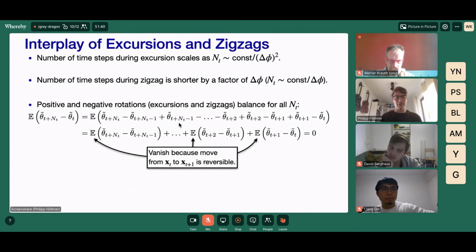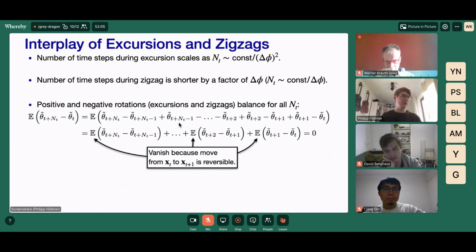This is easy to see because the change of a dipole angle during nt time steps is equal to the sum of changes during all individual time steps. So this is what I've done here, going from here to here. Then we use that the expectation of a sum of possibly dependent random variables is equal to the sum of expectations. So this is in the second equality here.